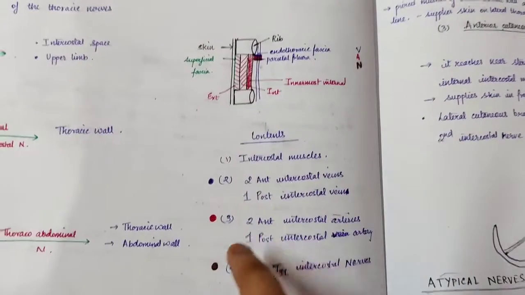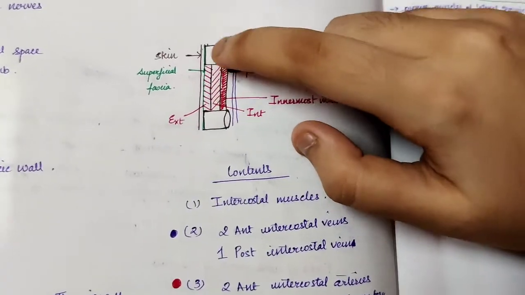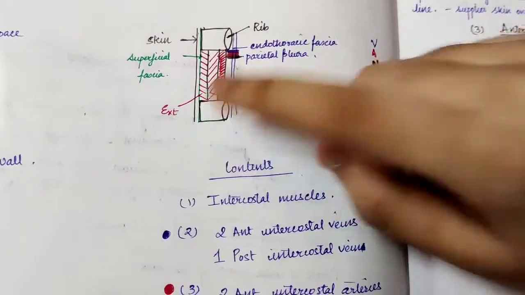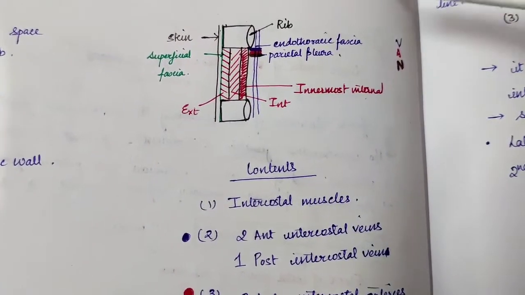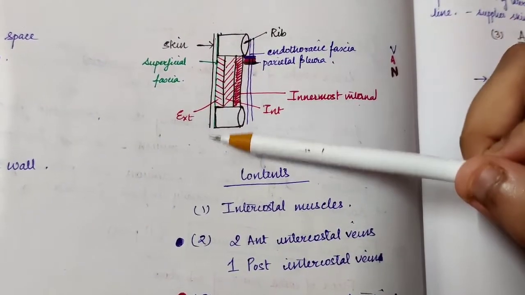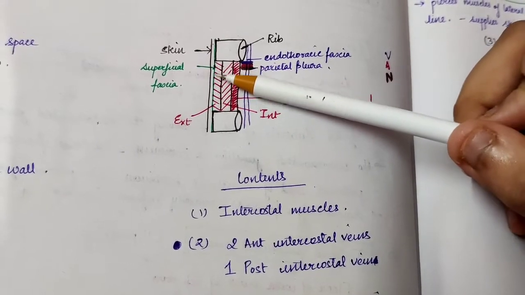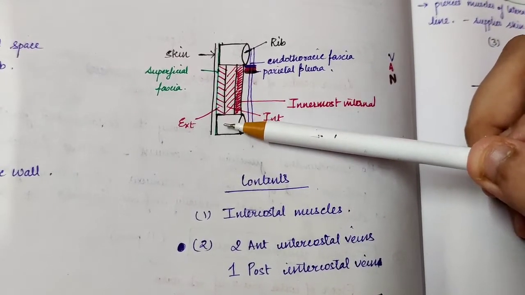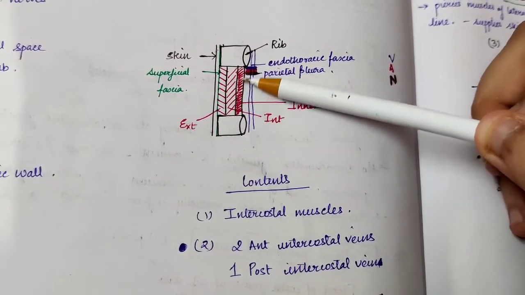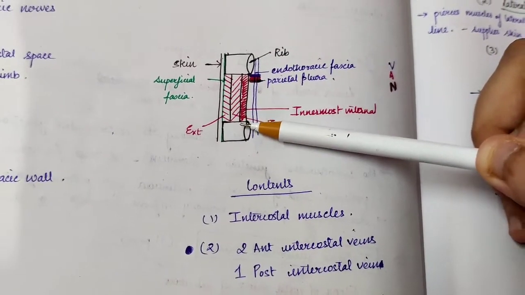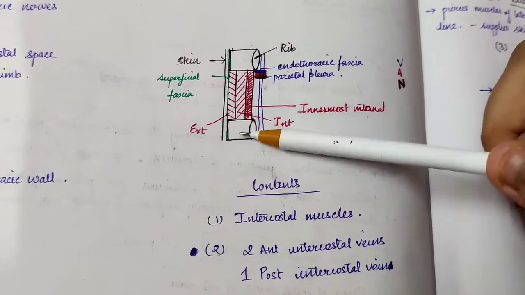Now we can see that we have the skin, the outermost layer. Next we have the superficial fascia. Then we have the external intercostal muscles, the internal intercostal muscles, and then the innermost intercostal muscles, or the intercostalis intimi. These are between the 2 ribs.